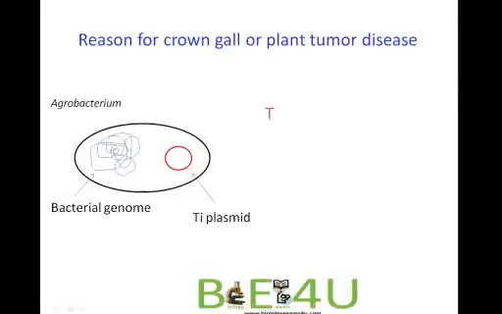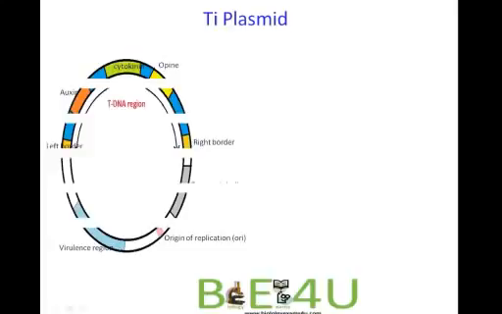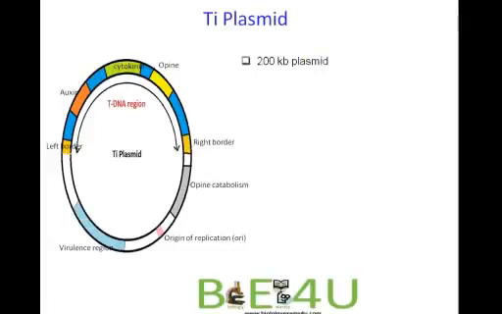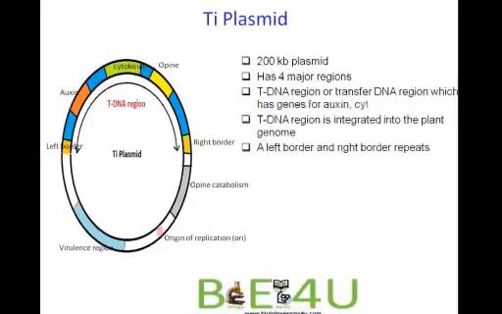Agrobacterium, apart from its bacterial genome, has a plasmid called the tumor-inducing plasmid, or Ti plasmid, that is responsible for causing crown gall disease. Now the organization of the plasmid: it is a 200 kb large plasmid and has four major regions: a tDNA region, or transfer DNA region, that has genes for auxin, cytokinin, opine, etc. that will be integrated into the plant genome.